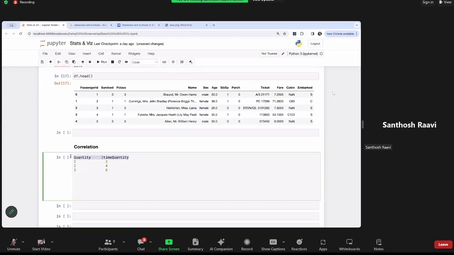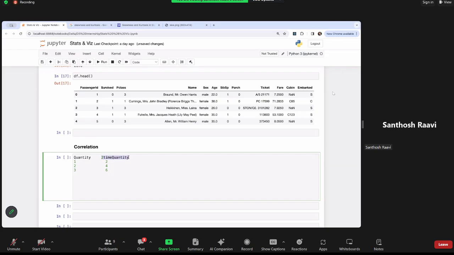When you feed the data like this into your ML algorithm, it will have some kind of redundancy in it. Why? Because this quantity column is giving some information, and 2 times quantity is giving the same information in a different format.